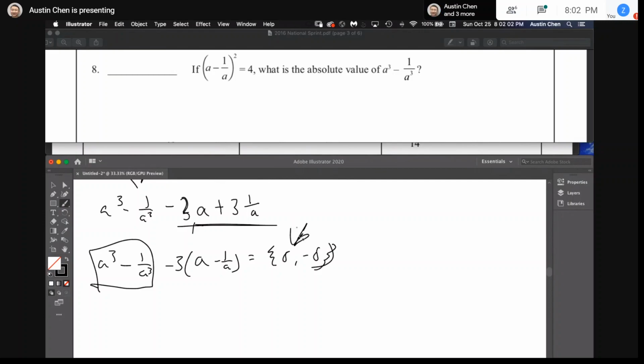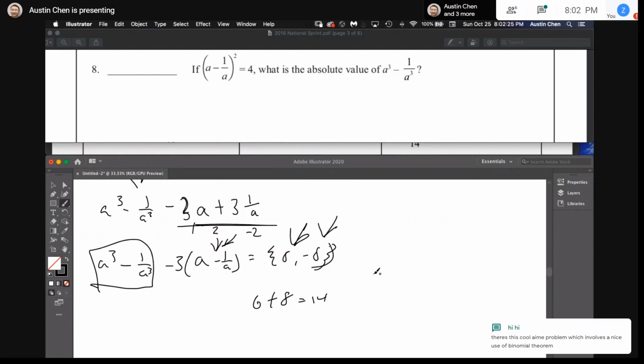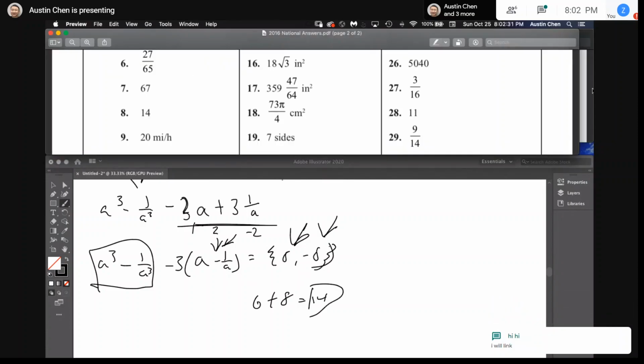So we can assume 8. In our 8 case, that means a minus 1 over a is 2. Then this just equals 6 plus 8, which equals 14. And if we did it the other way, where this was negative 8, then this would be negative 2, and this would be negative 8 minus 6, which is equal to negative 14, which has the same absolute value. So yeah, the absolute value is 14 either way, which is our answer. 14, yeah.